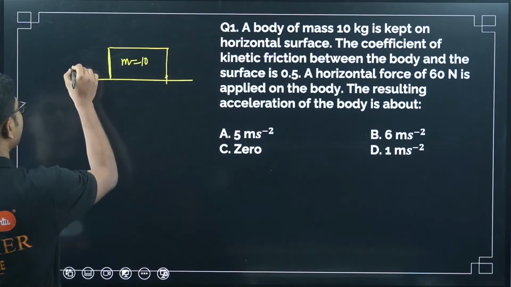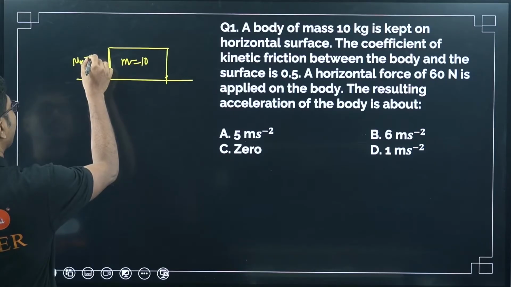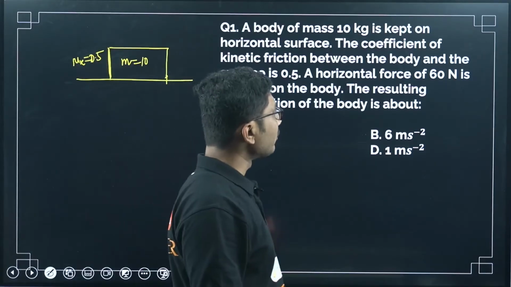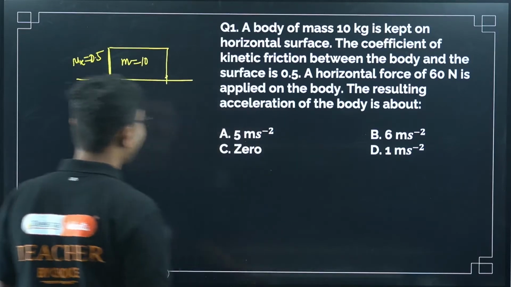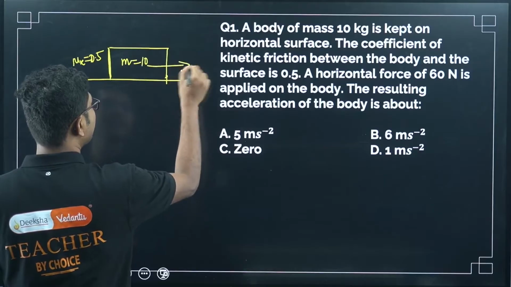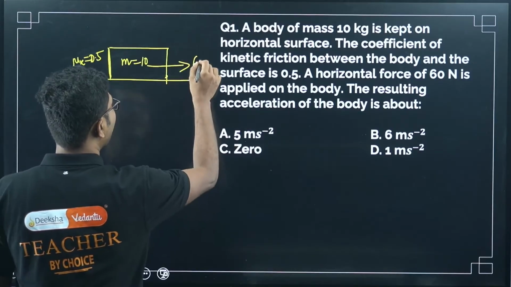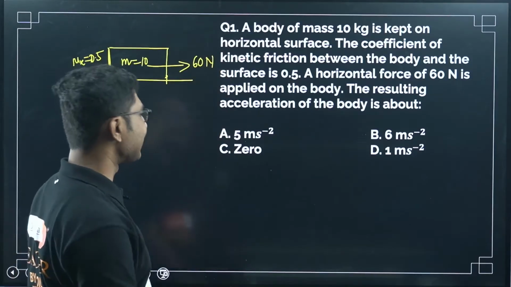So kinetic friction mu k is given as 0.5. A horizontal force of 60 Newton is applied on the body. Find the resulting acceleration of the body.